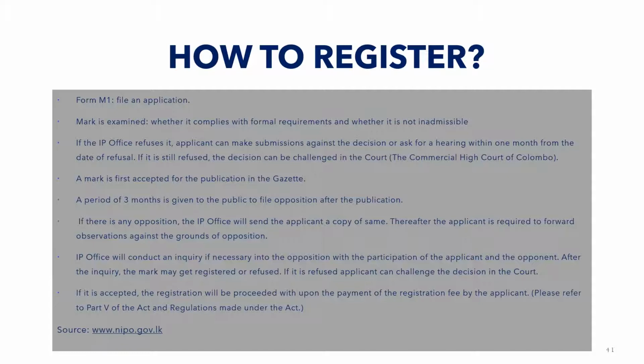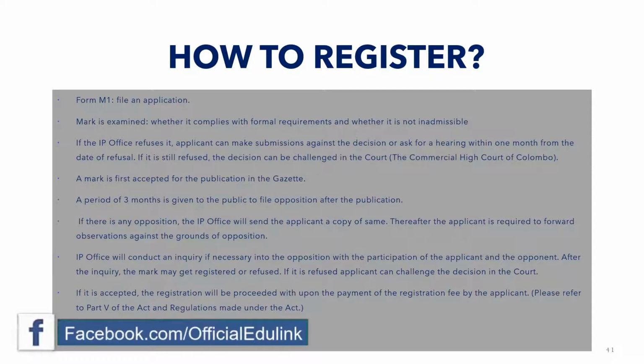So there's this form M1, which you need to file. And this form will indicate where you need to give specific details about your trademark or your service mark, the font you use, the size you use, the colors you use, and copies of them which you need to attach, and so on and so forth, right? So that is how it's generally done.